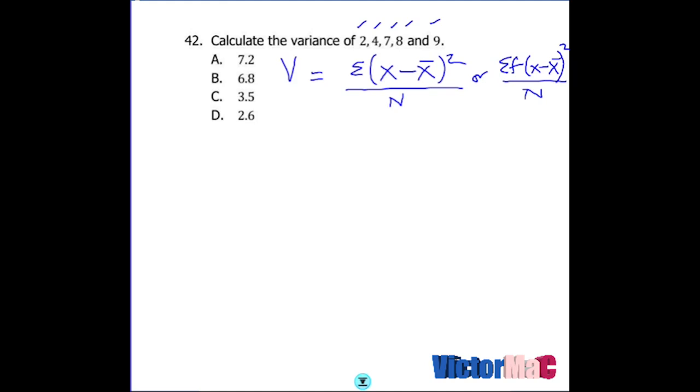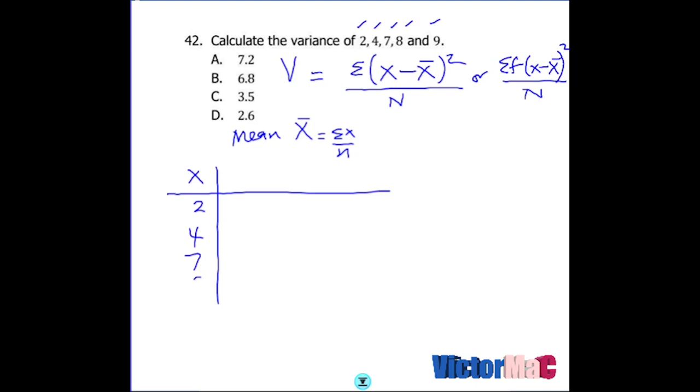All right. So the first thing is to get the mean, which is our x bar. And how do we get the mean? The formula is summation x over n. So we're going to draw a table of values. The x values we have are 2, 4, 7, 8 and 9.